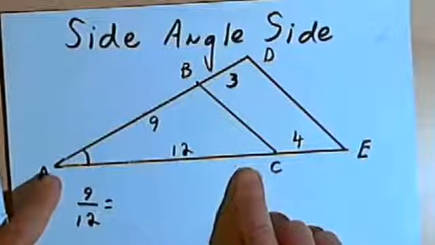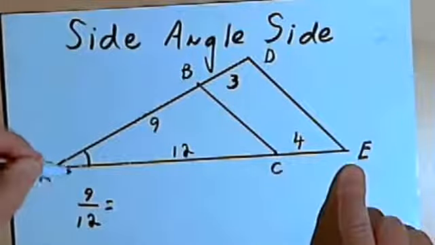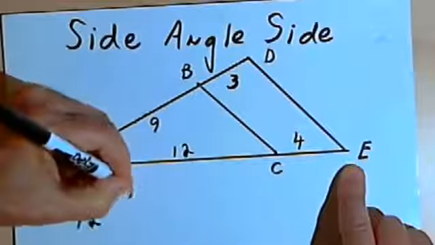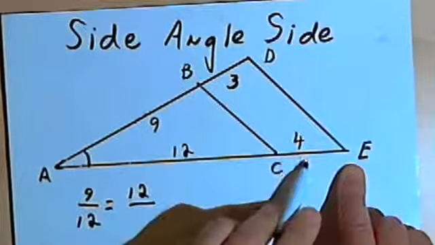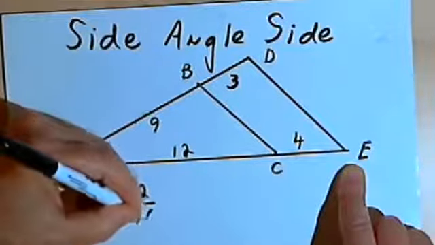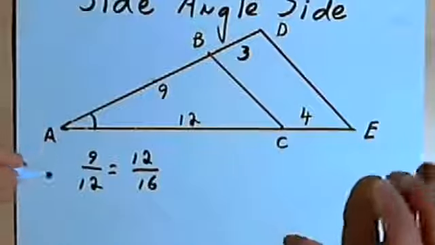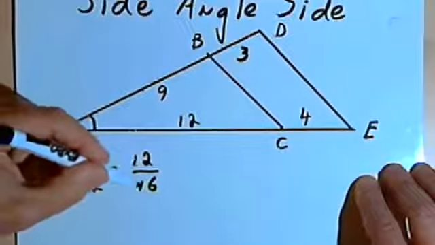That would be AC and AE. The ratio of their sides is going to be 12, that's AC, and 12 plus 4 more for the length of AE. So I've got a ratio here, 9/12, and I want to see if that's equal to 12/16.